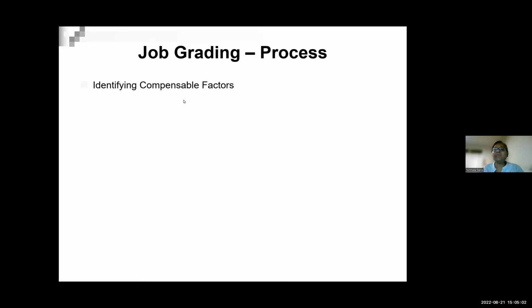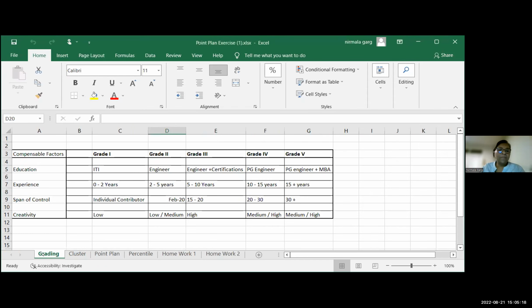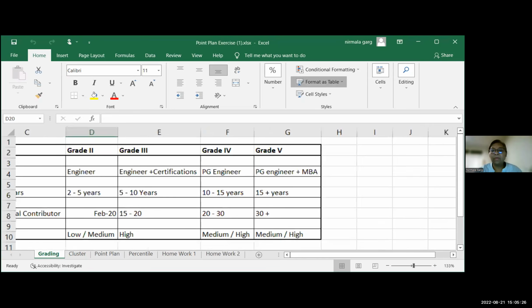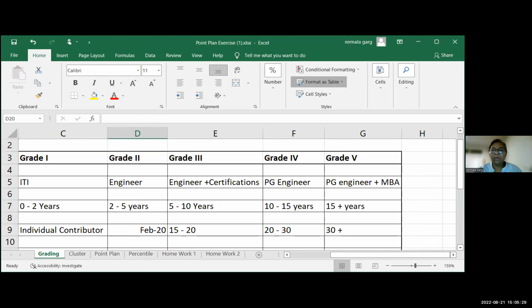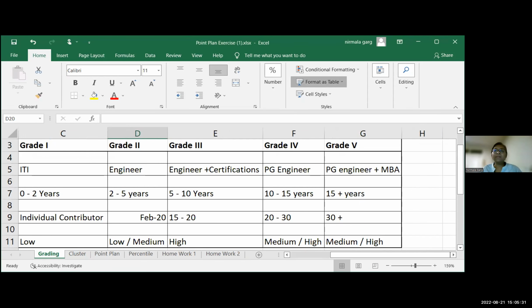So let me take you to a worked out example so that you are able to understand. Okay, are you able to see this?